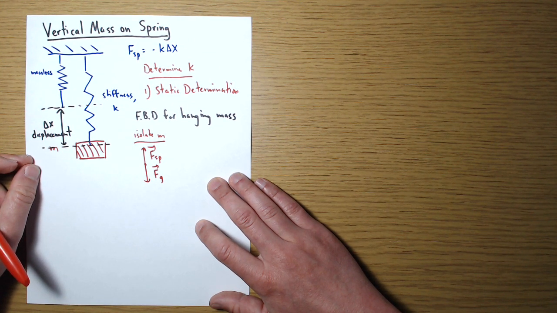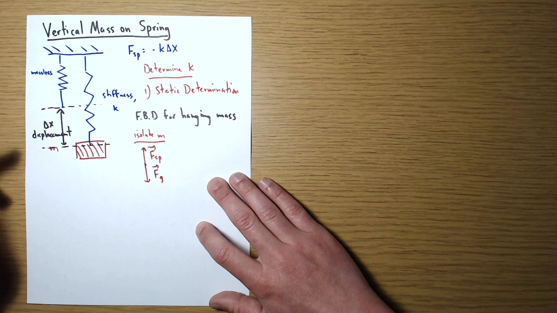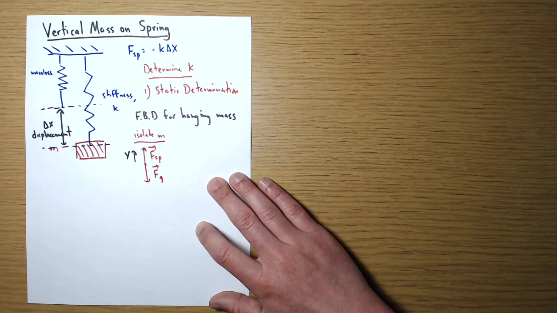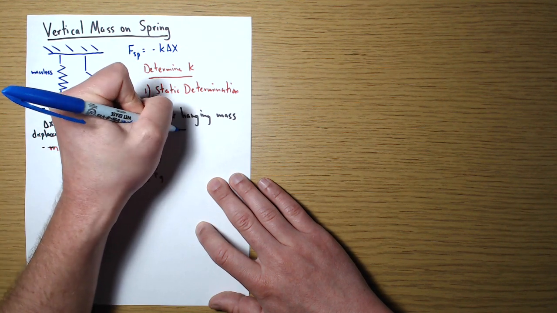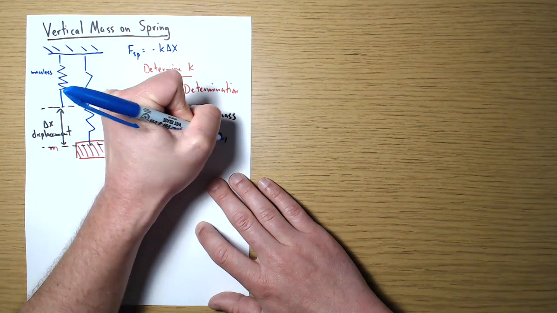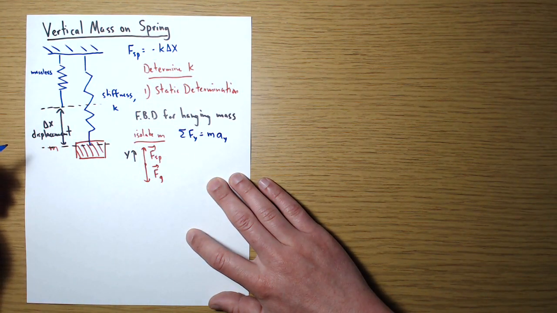All right, now let's consider that this vertical direction, I'll call my y direction, being upwards. So I can write Newton's second law, and Newton's second law says if I sum up all the forces in the y direction, this equals mass times the acceleration in the y direction.